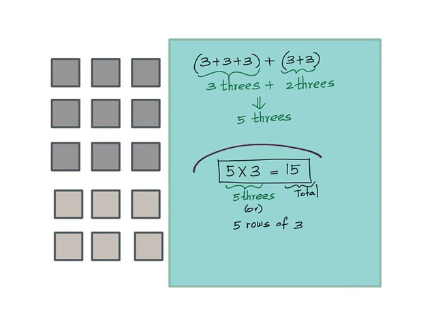Five times 3 equals 15. The multiplication equation says that there are 5 groups of 3, or it is 5 rows of 3. And this 3 represents the size of each group.